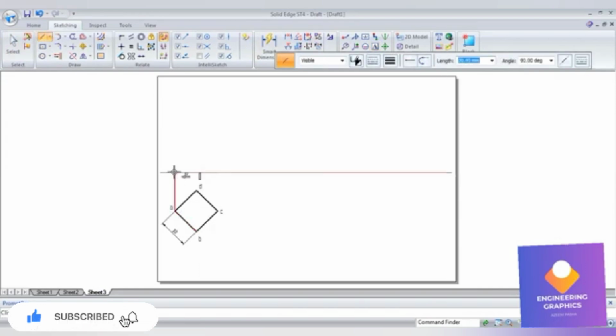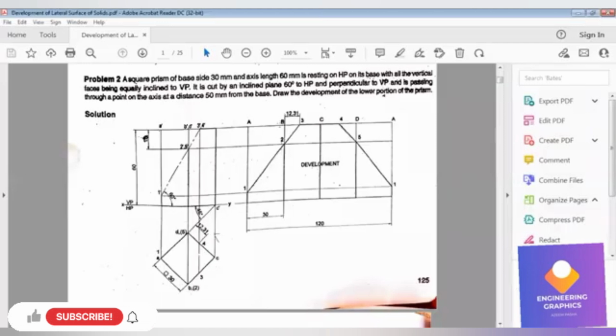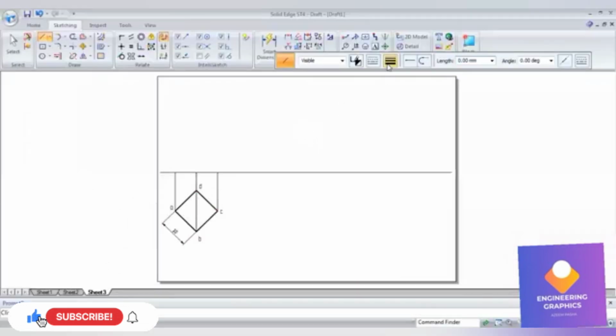Now drawing the projection lines. In the front view, the axis length is 60 mm.